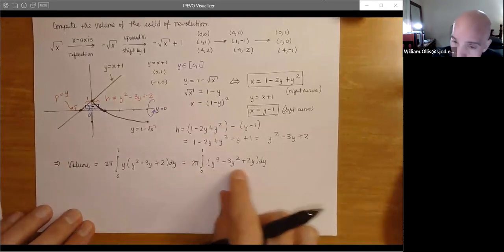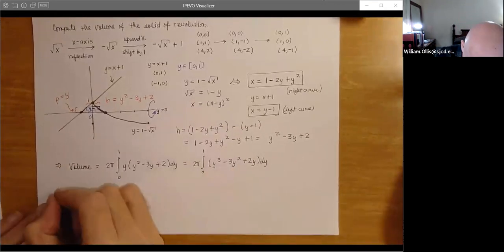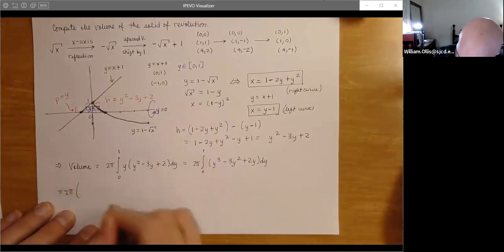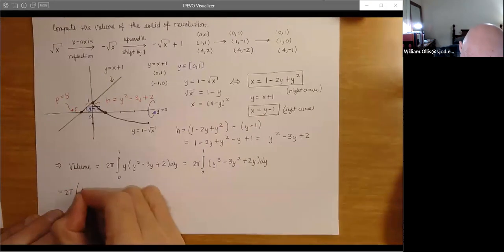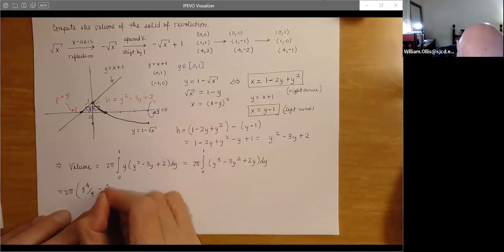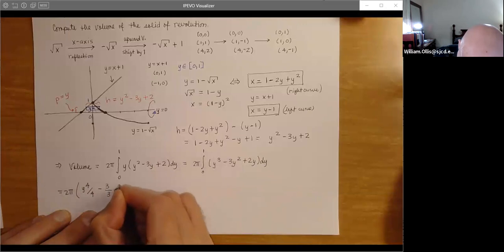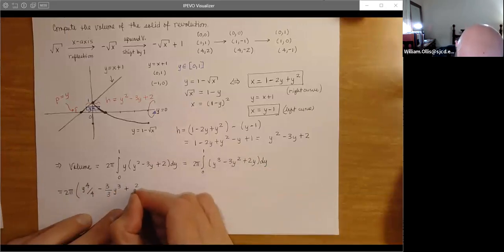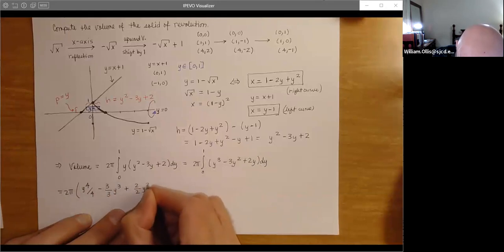So now we can do the add 1 divide by the new power. So we have 2 pi, same old song and dance, right? Y to the 4th over 4. And then, of course, here we have a minus 3. And, of course, we've got y cubed over 3. So those are going to absorb. And then plus, well, here we go again, 2 y squared.